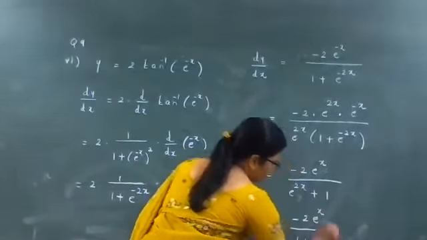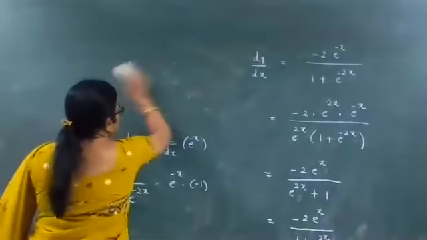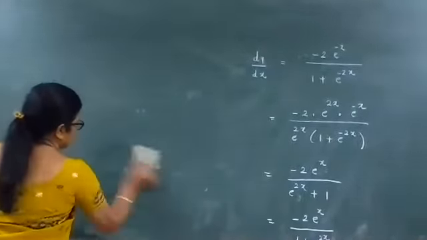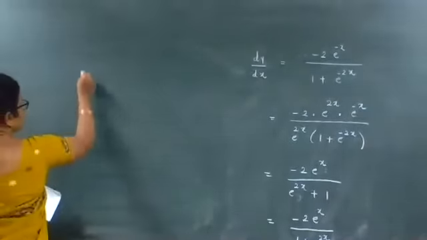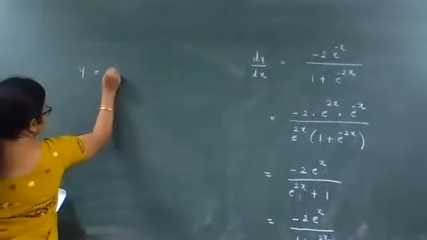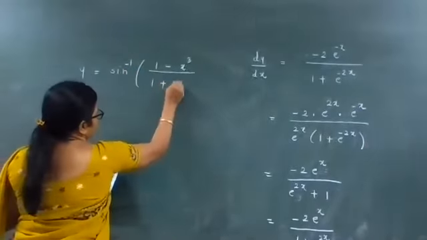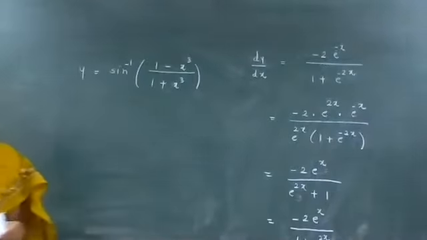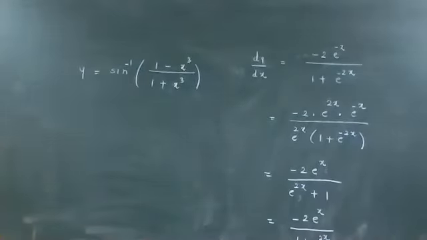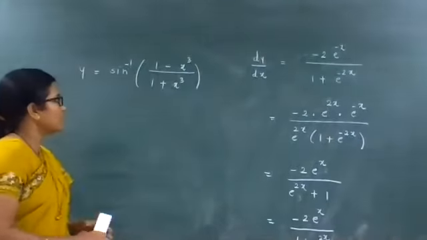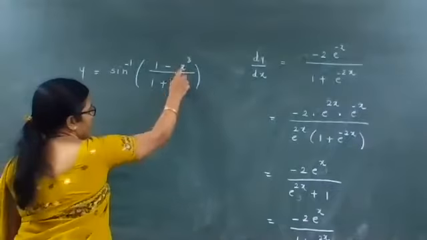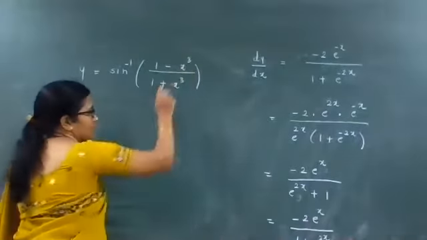Now next sum you try. Y equal to. In this sum, if I substitute for x, there is no use because in the numerator and denominator we have x cube, not square.